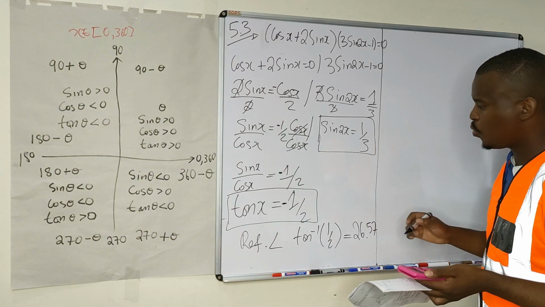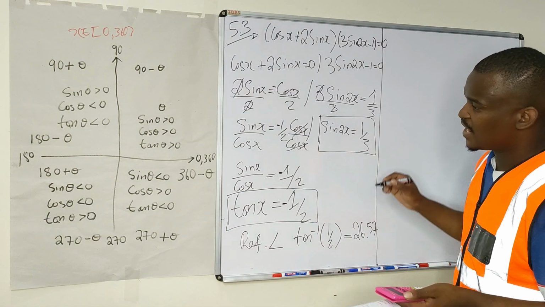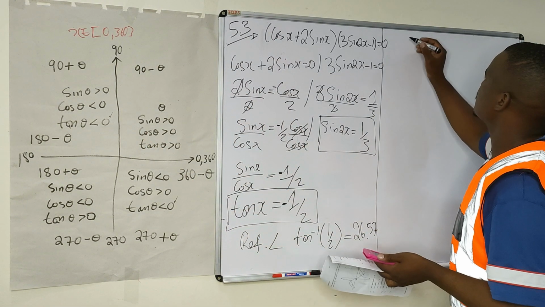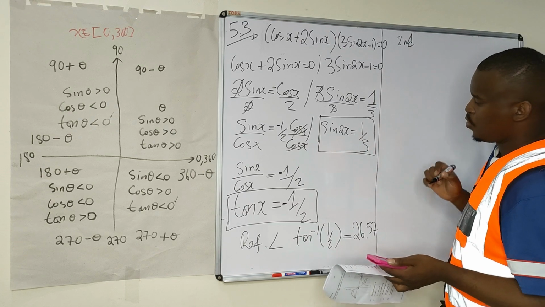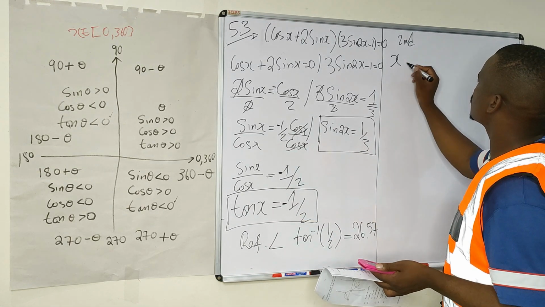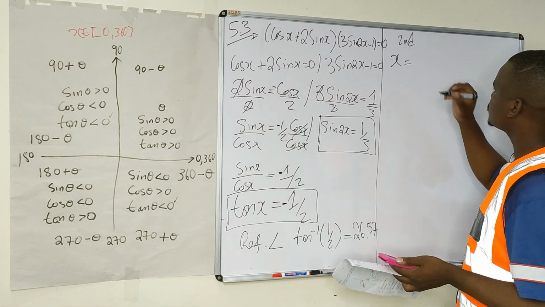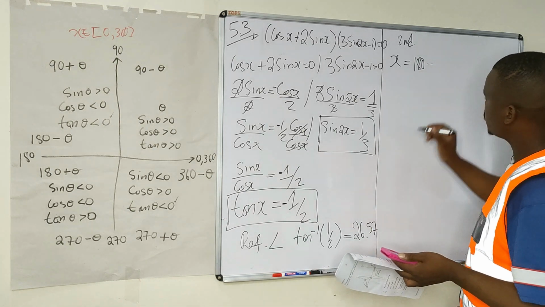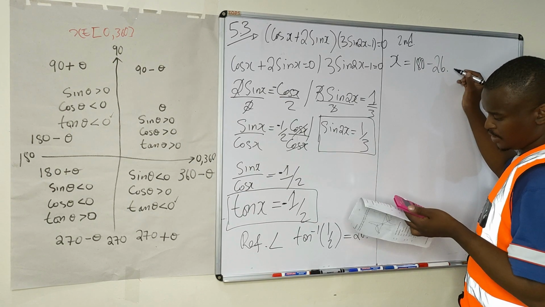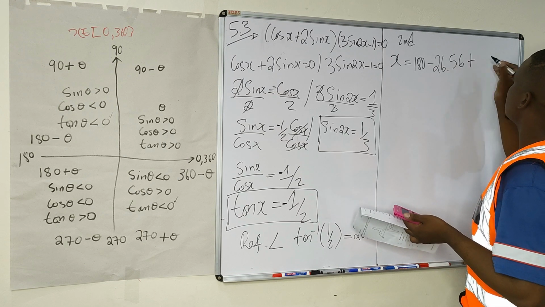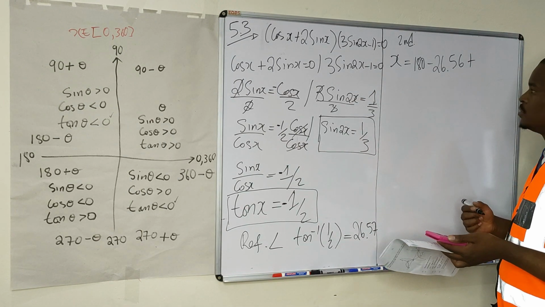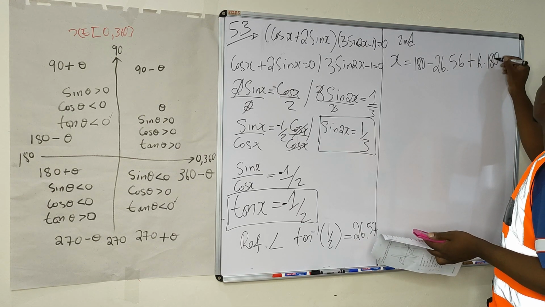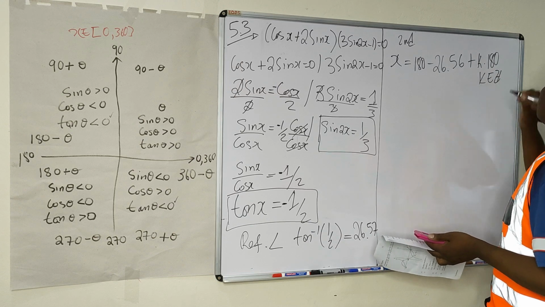But your solutions lie where your tan is negative. So where is tan negative? Tan is negative here and here. So this is the second quadrant. What is our x there? Our x is going to be 180 minus our reference angle, which is 26.57, plus the multiples of our period, plus k 180, where k is an integer, right?